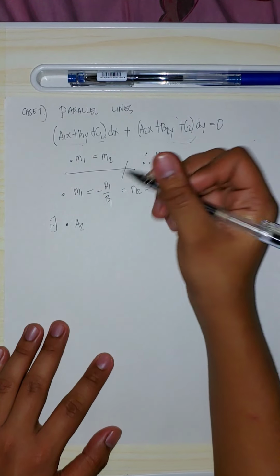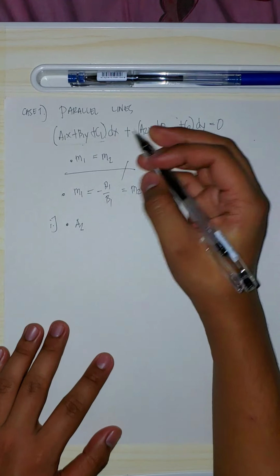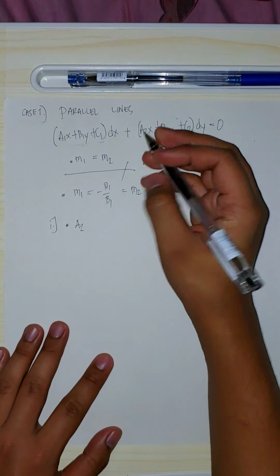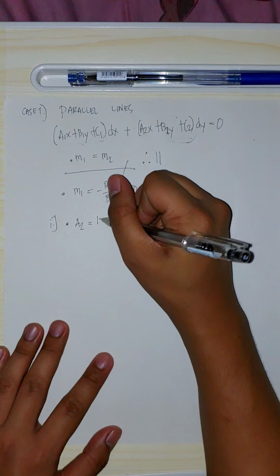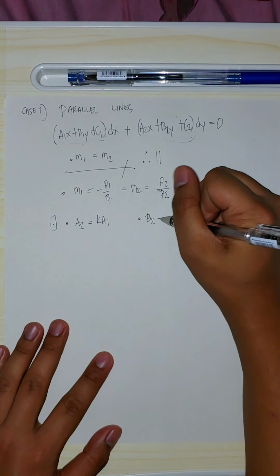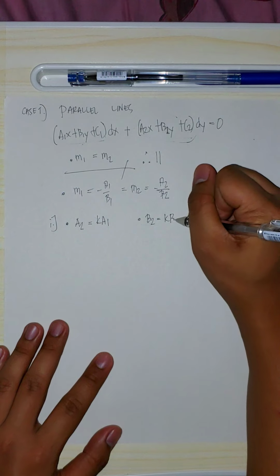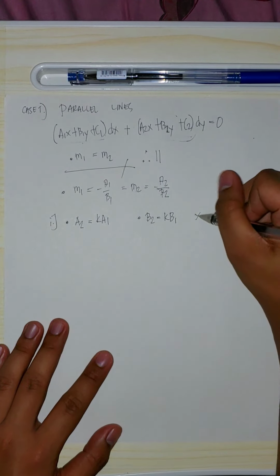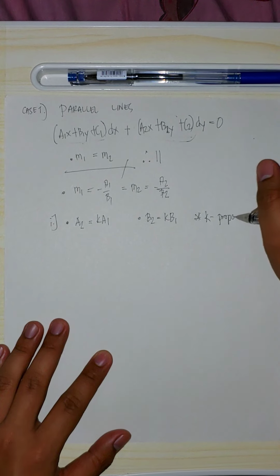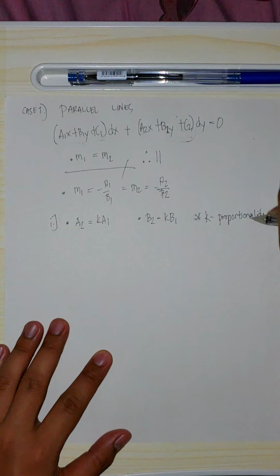The constant A, the coefficient of x, A sub 2 on the second linear equation is equal to KA1, or B sub 2 is equal to KB sub 1. So what is K? K is the proportionality constant.